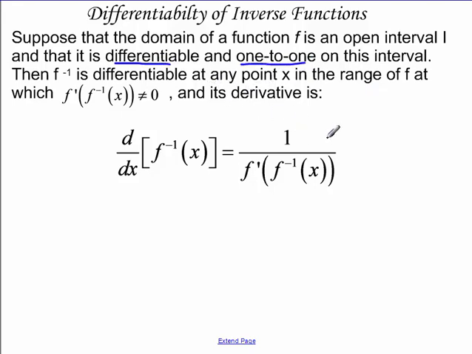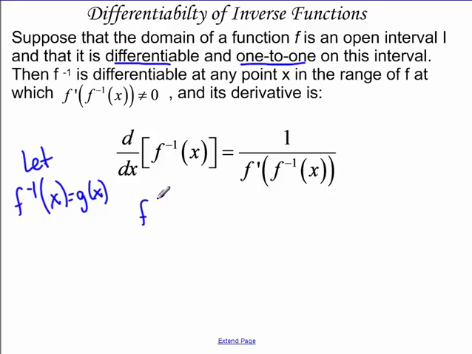Then the inverse is differentiable, and we have this equation. Honestly, this one isn't used a lot on the AP test. What they use is a very similar formula, and let me derive this other formula. So let's let the inverse be g of x.